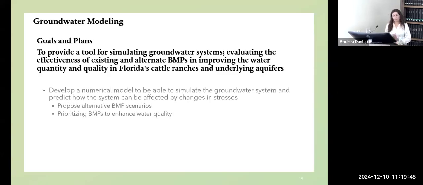Some specific objectives were to develop the model for one specific study area, and to propose alternative solutions or scenarios based on the situation of the farm or ranch that we are studying, and then prioritizing their management practices to enhance water quality.